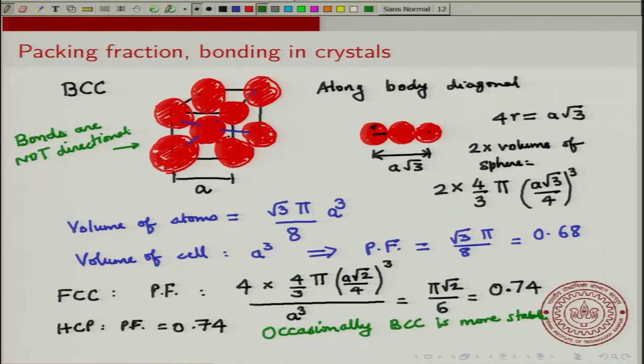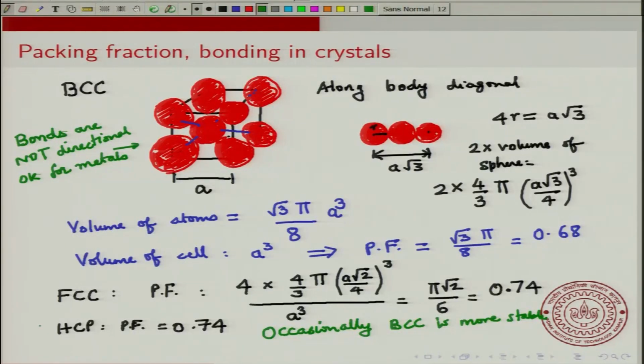So in this whole picture of how the atoms are packing into crystals, at the back of our mind we have the picture that the bonds are not directional, and this is largely true for metals. So this is okay for metals to some extent, and therefore most metals crystallize in FCC or HCP, but not non-metals.